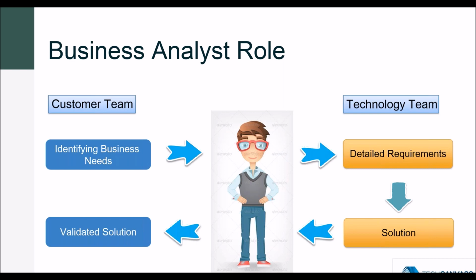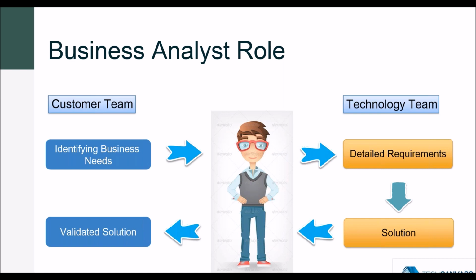Once the software is ready, the BA's responsibility is to make sure that the developed software is as per the expectations of the customer. Once the BA is happy with it, the BA takes it to the customer for conducting the UAT, or user acceptance testing, so that the customer can accept and start using the software.